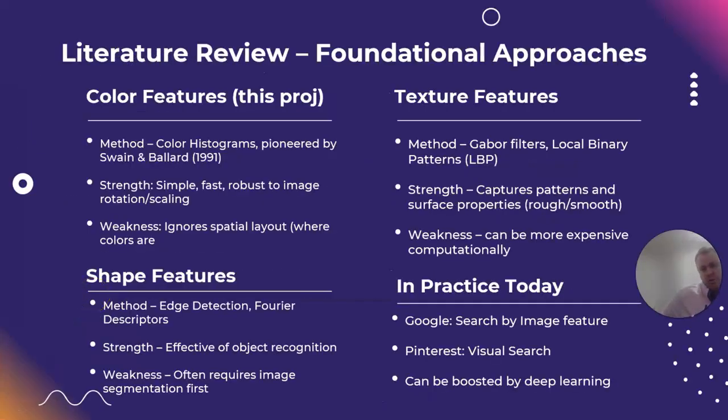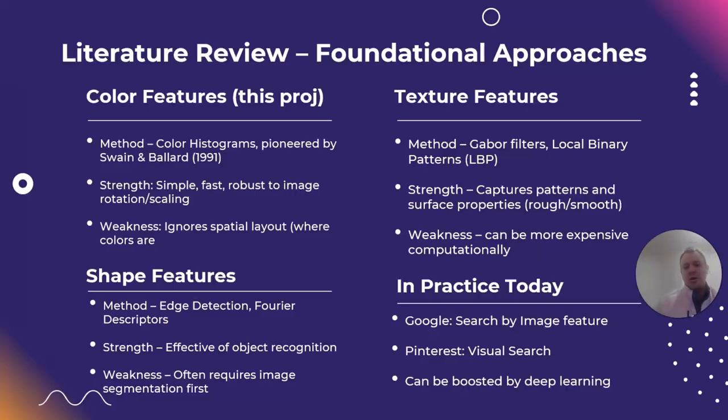And some literature review. So let's talk about some historical foundational approaches for CBIR. The method of color histograms was pioneered by Swain and Ballard in 1991. CBIR was really big in the 1990s.